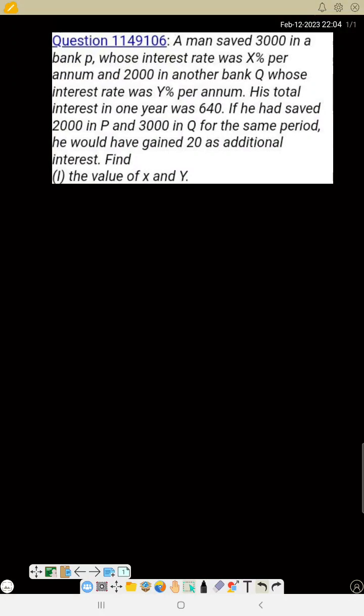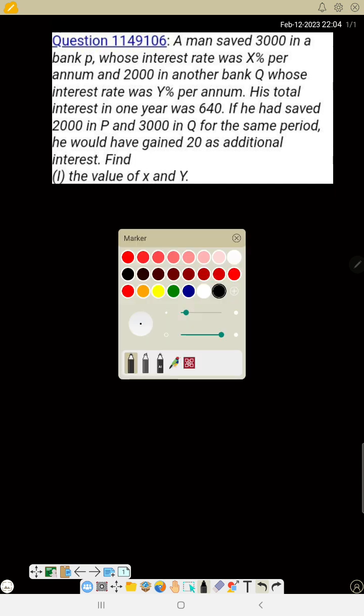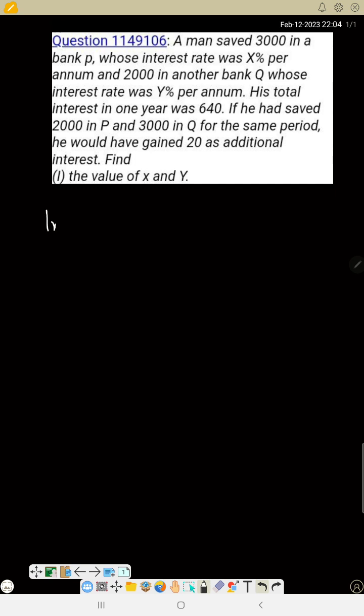Question. So first note that interest is principal times rate times time over 100.